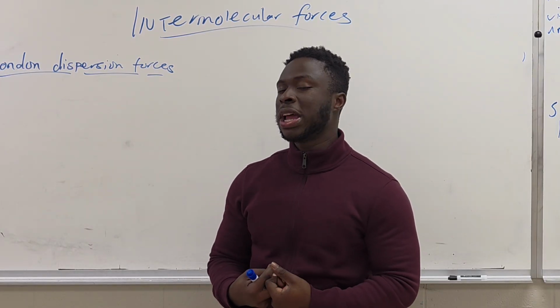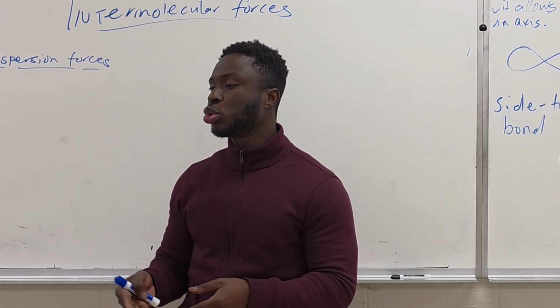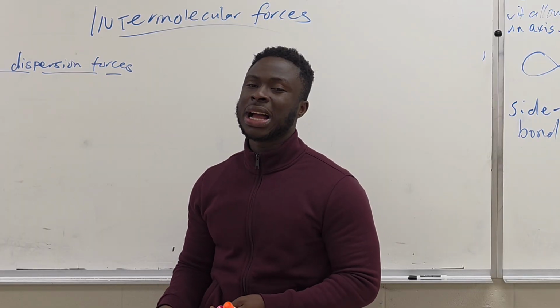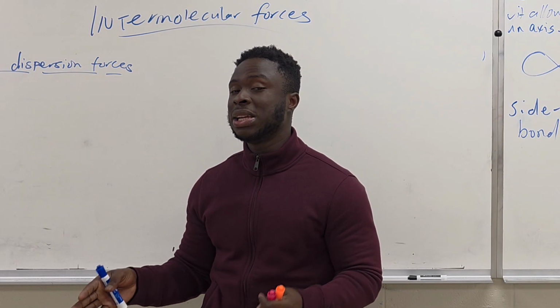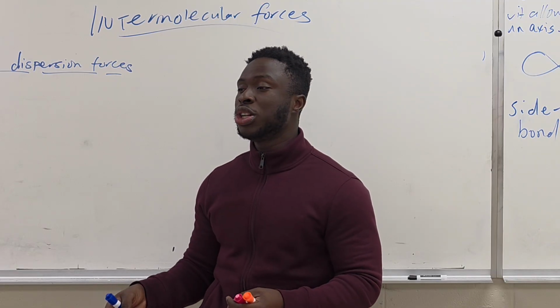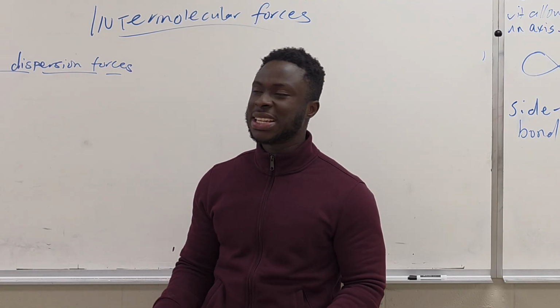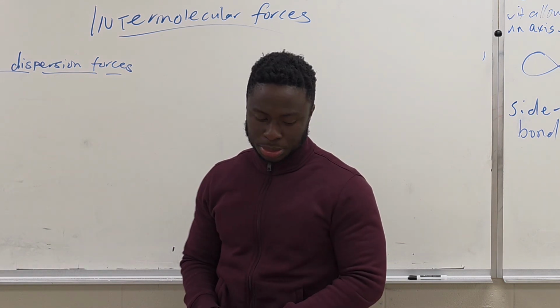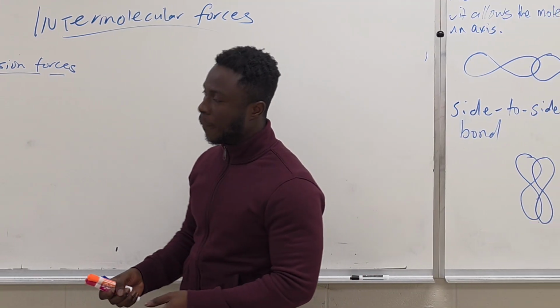So once they take on a partial positive charge, they in turn come close to other molecules in the vicinity, right? And when they come close to other molecules in the vicinity, since they are now partially positively charged, they are going to attract negative charges onto them, which will be the central atom of most compounds.